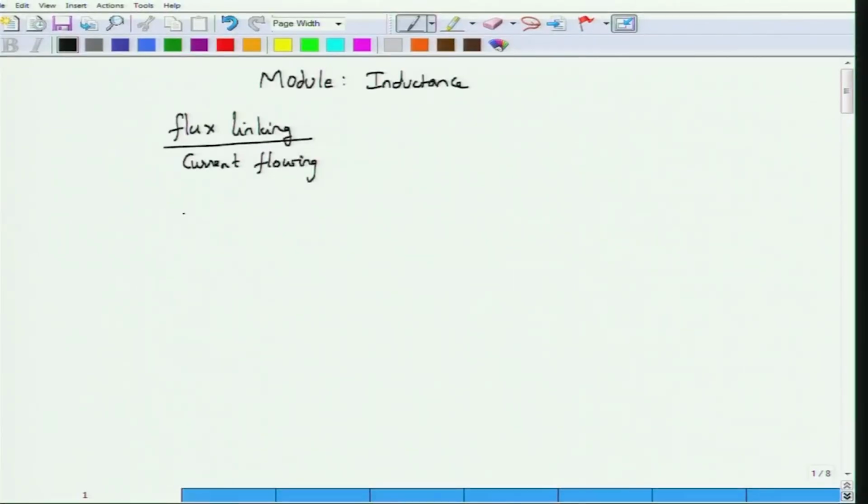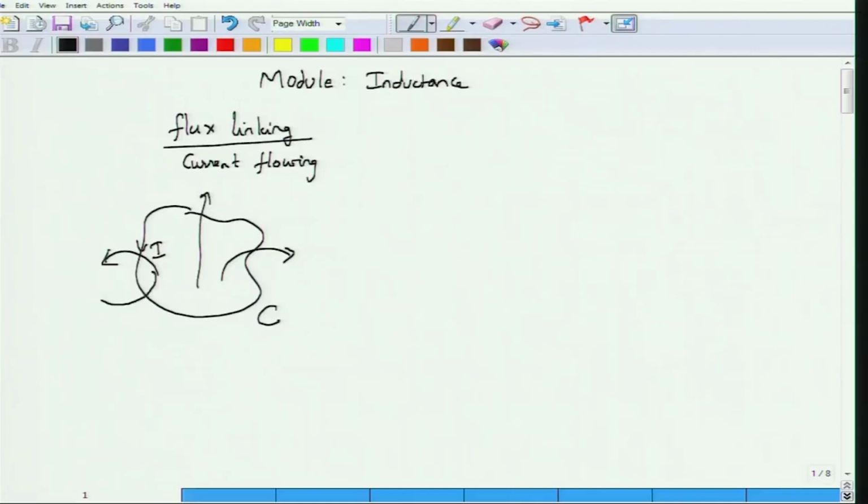To appreciate that, consider a certain circuit. This is my circuit and there is some current flowing through it. Obviously, when there is current flowing in the circuit, in the form of a wire that we have considered, there will be magnetic fields circulating around this current carrying wire.